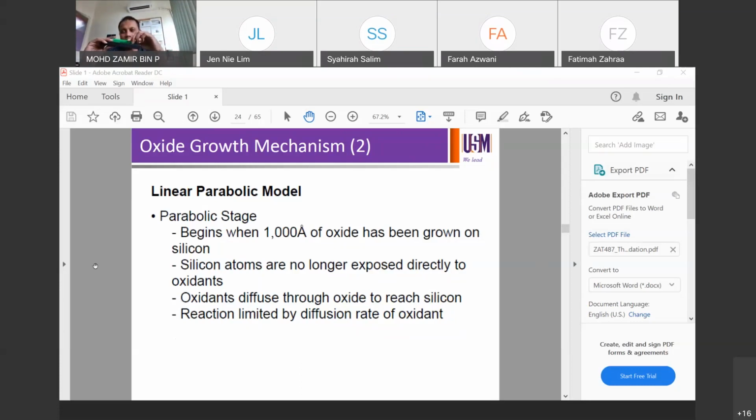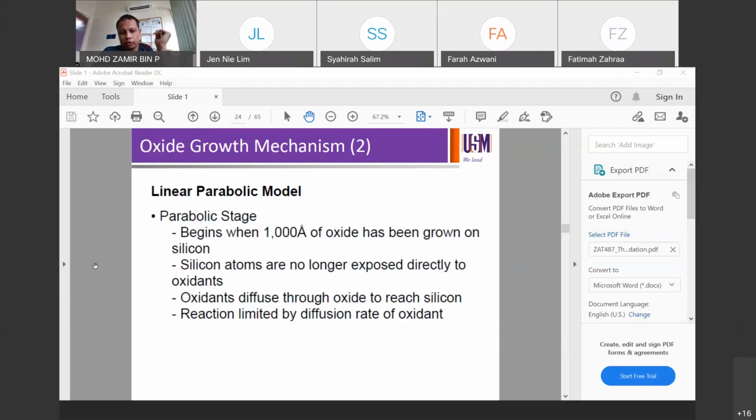So that's why the first step is the linear step, because the oxygen atoms have direct access to the silicon to start the growth process. As the oxide thickness grows further, the oxygen atoms have no direct access to the silicon but have to diffuse through the existing silicon dioxide to be able to reach silicon to further the growth.